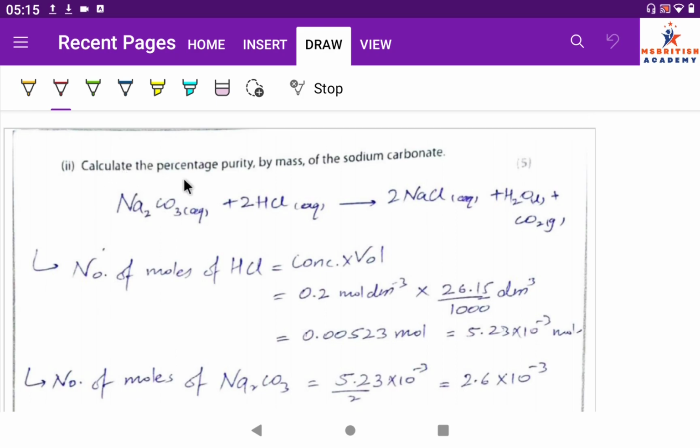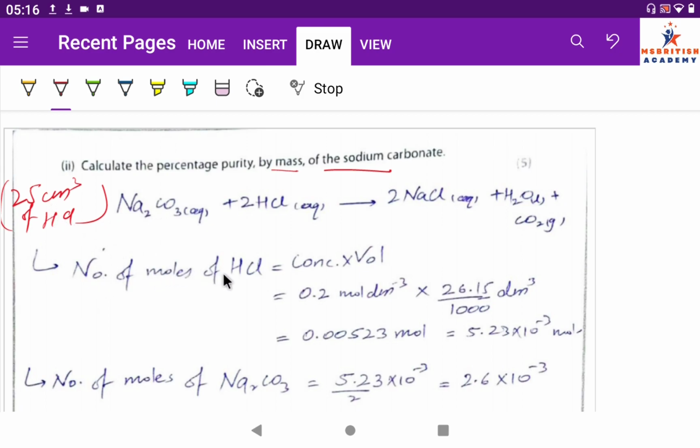Now the second part: calculate the percentage purity by mass of the sodium carbonate. So this is for 25 centimeter cube. This reaction and this whole equation is for this much volume of HCl.